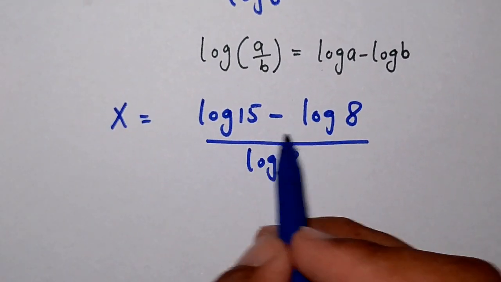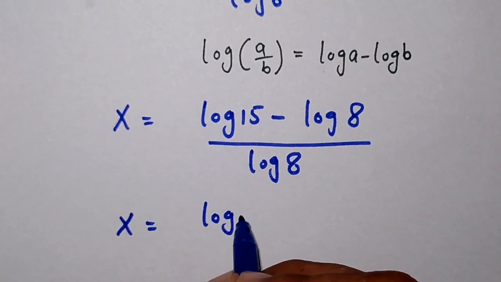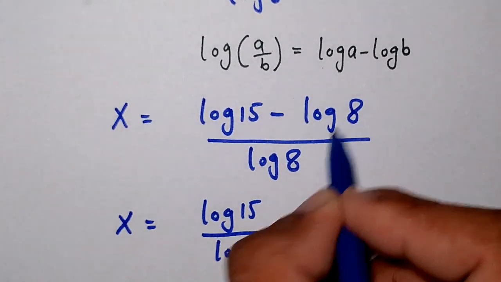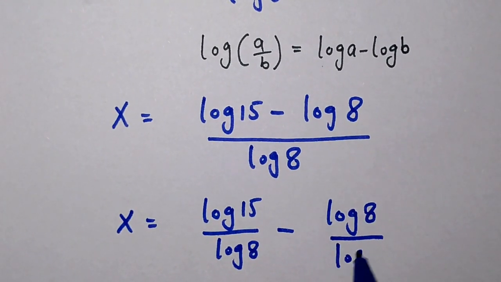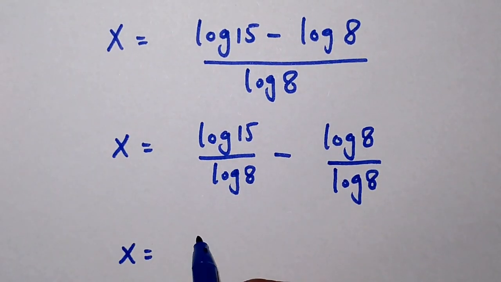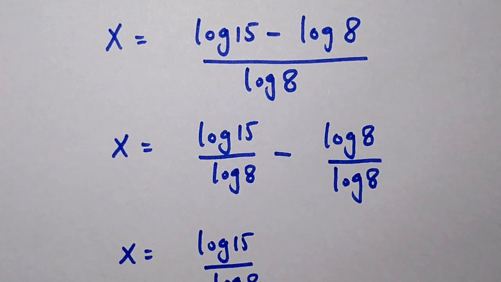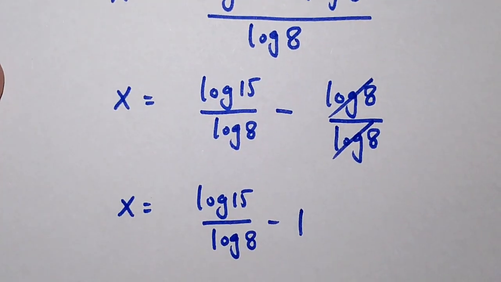Now we have to separate the fractions, so this will become x is equal to log of 15 over log of 8 minus log of 8 over log of 8. So x is equal to log of 15 over log of 8 minus, here this log of 8 cancels with this log of 8, so 1.